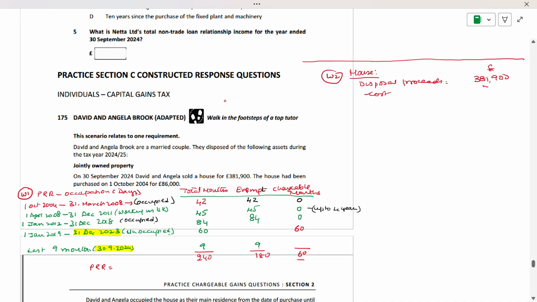Cost is 86,000. Okay, how much is the cost? 295,900.